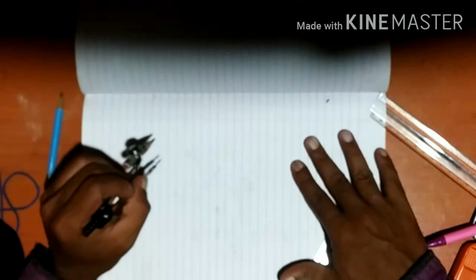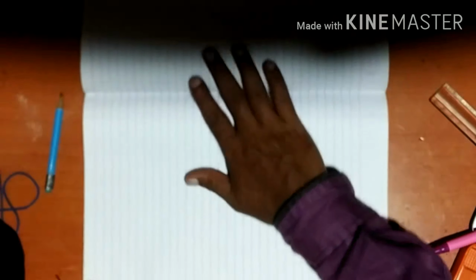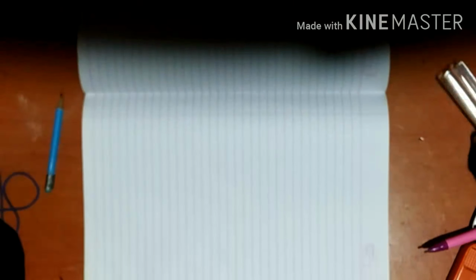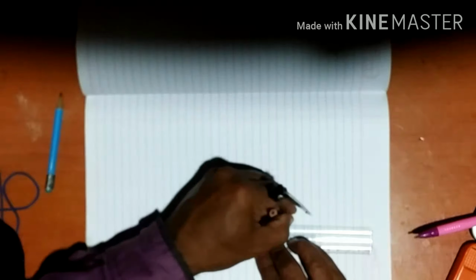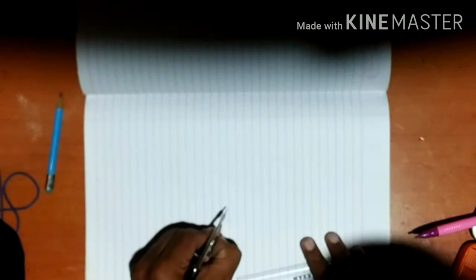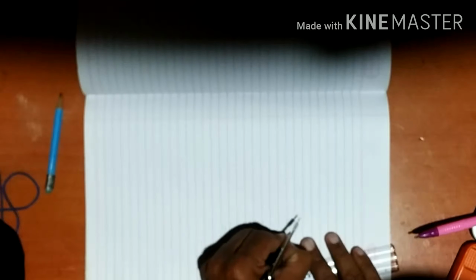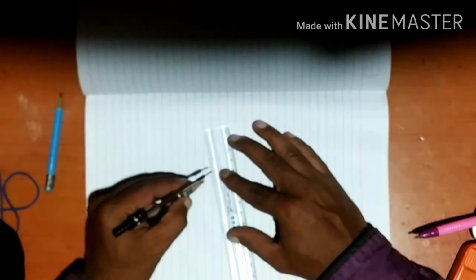Okay students, similarly we can draw the incircle of an obtuse angle triangle. So let's draw one obtuse angle triangle and its incenter. Here I am drawing one obtuse angle triangle. Suppose this is point Y, Z. I am drawing one obtuse angle.